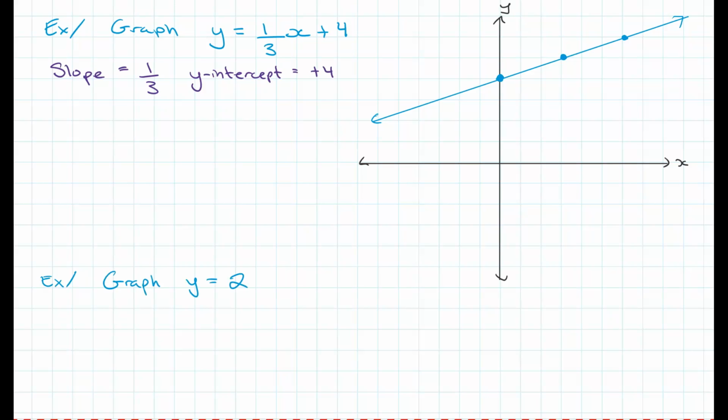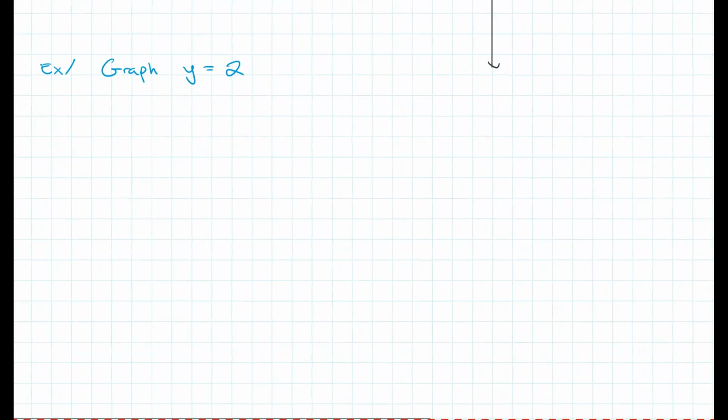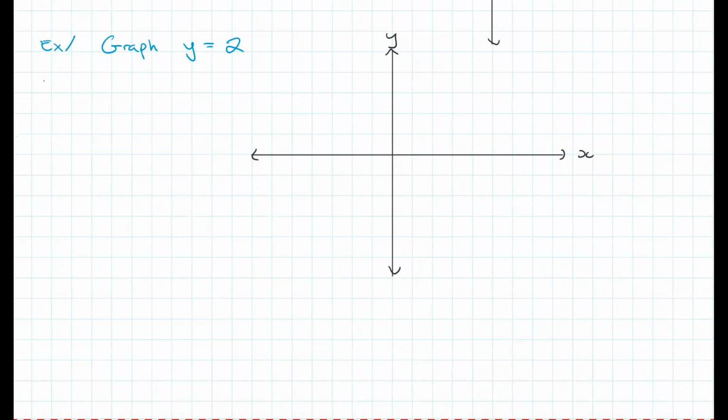Let's try one more tricky one. Graph y equals 2. Now here, I need to identify my slope and my y-intercept, but there's no x, which means I don't have a slope. What it actually means is the slope is 0, because 0 times x is 0, so we don't bother writing it in.